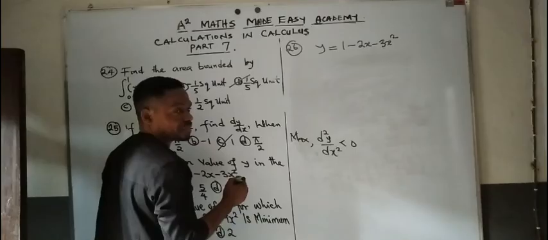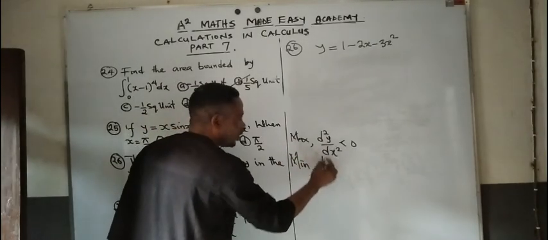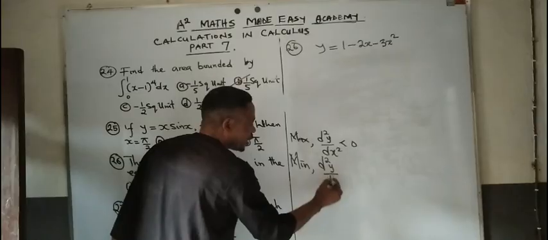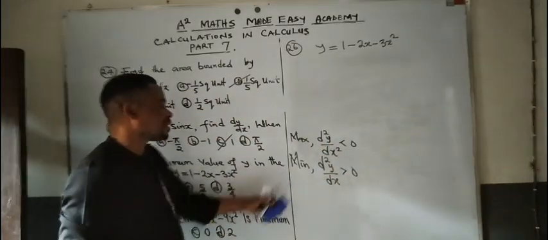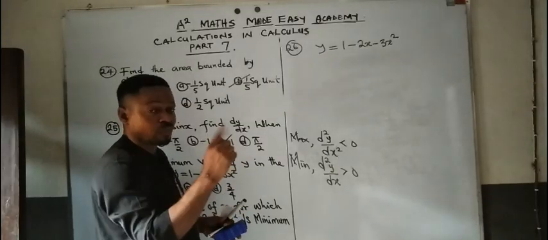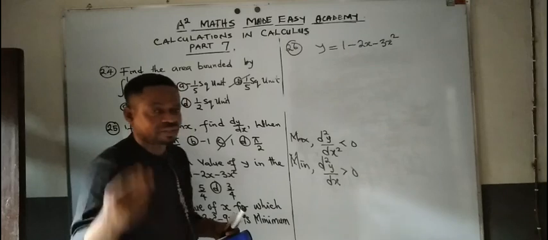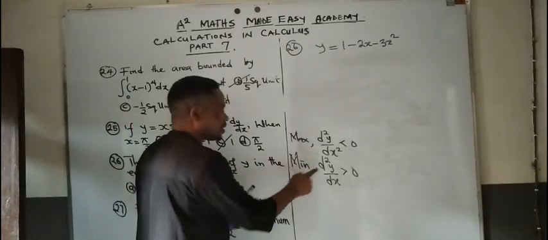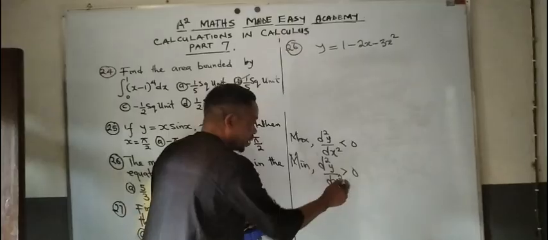We say they are maximizing. But if you are looking for minimum, it means that the second order derivative, d squared y over dx squared, is greater than 0. Sometimes in exams, they will say, under what condition is a function said to be maximizing? It is when the second order derivative is less than 0. If it is minimizing, the second order derivative is greater than 0. Are you with me?